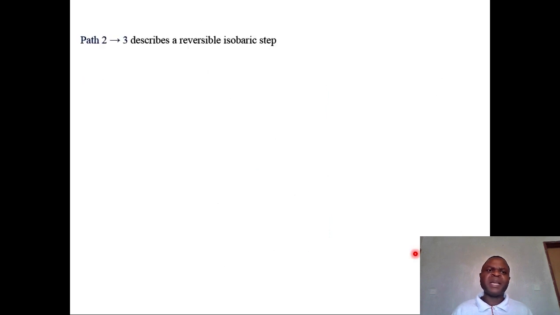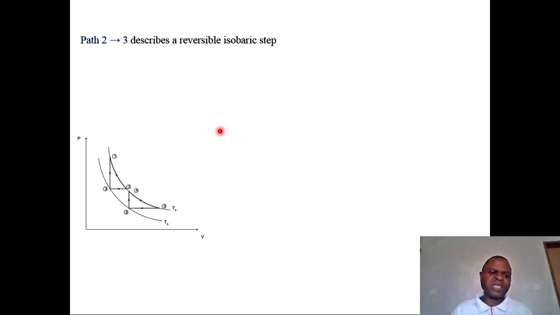But now we're moving on to see the work and the heat involved from 2 to 3, which is an isobaric process. From 2 to 3, we first calculate the work done.